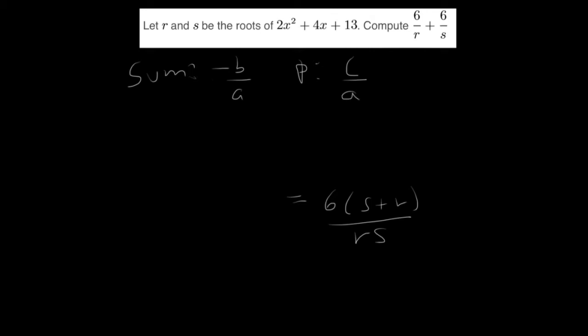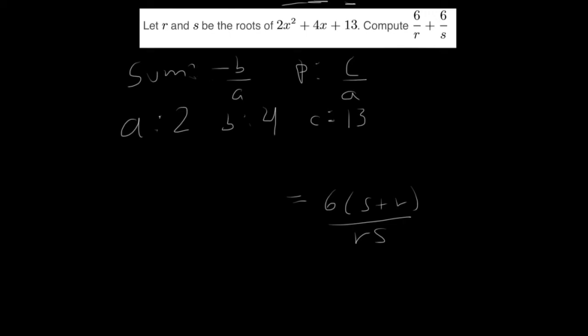Let's write down a, b, and c. a is the coefficient of the first term, which is 2. b is the coefficient of the second term, which is 4. And c is the final term, which is 13.